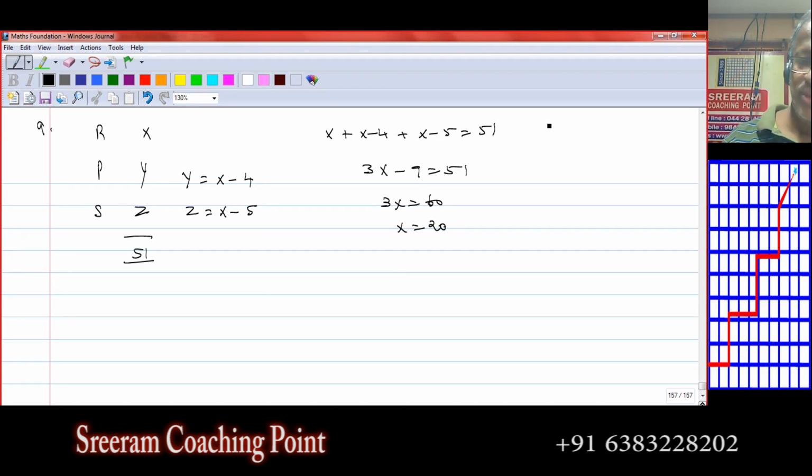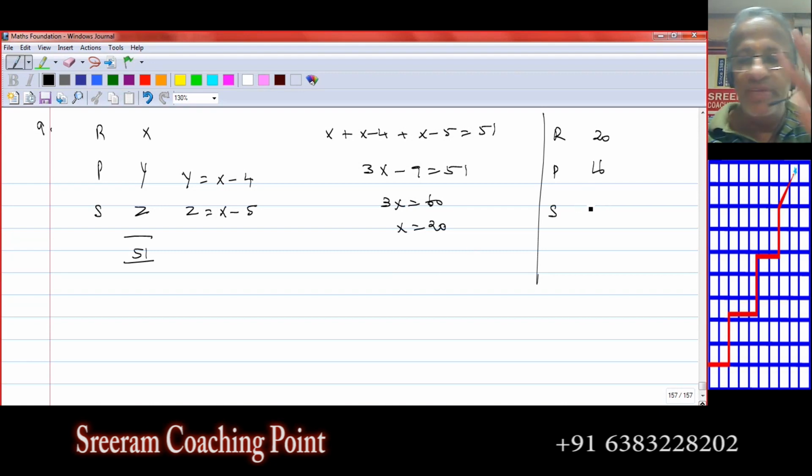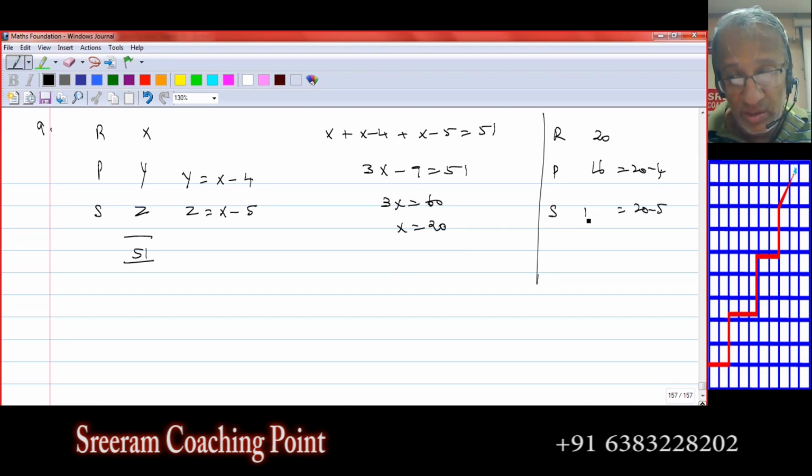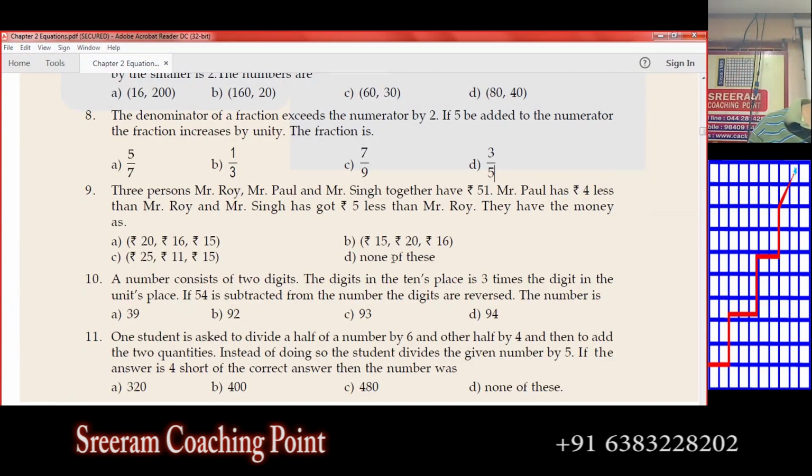Roy will be having 20. Paul will be having 4 rupees less, 20 minus 4, 16. Singh will be having 5 rupees less, 20 minus 5, 15. The total of which comes to 51. So answer to this question is A.